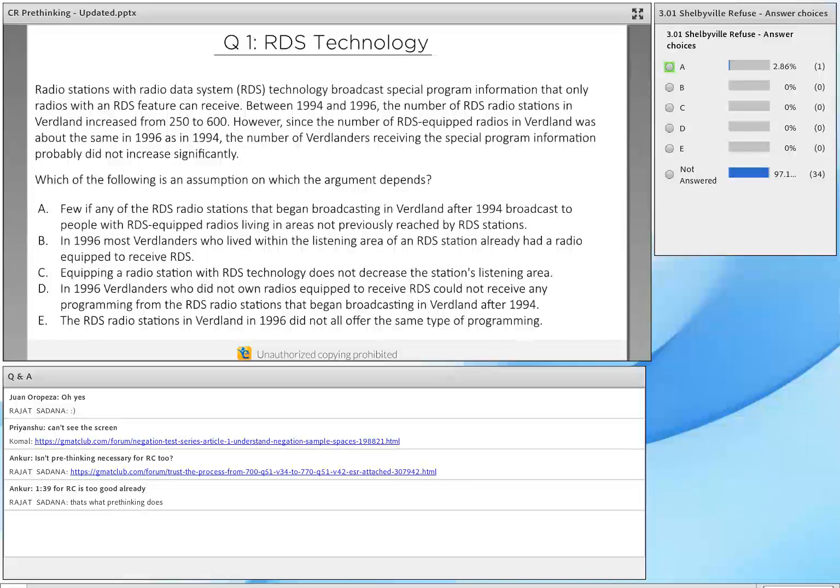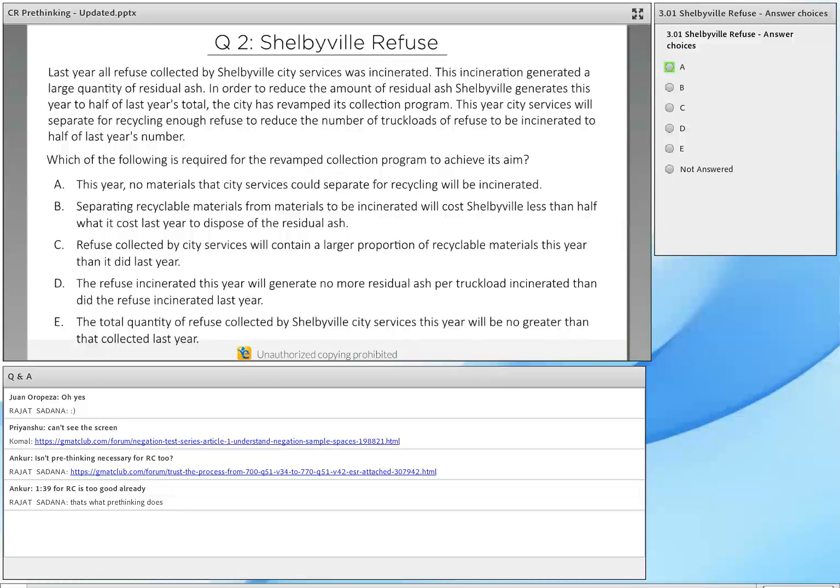Let's get 5 more. Again, the more you participate, the more representative my sample is going to be. All right. I'm going to remove broadcast results. Here is your argument. Good luck.